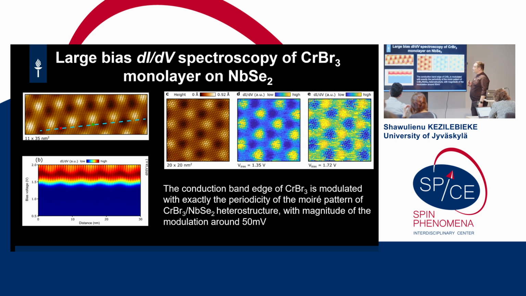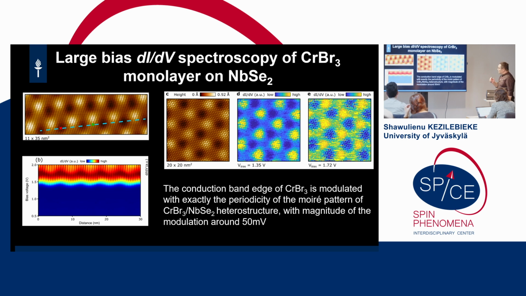And you can see this more clearly in this two-dimensional image here. This is a topographic image. This is taken on local density maps at one energy. This is another energy. From this you can see this bright region becomes dark and dark region becomes bright. And that gives you a modulation of around 50 millielectron volt in this system.